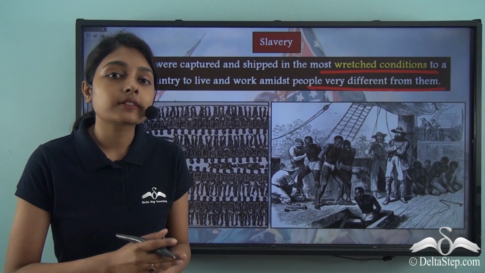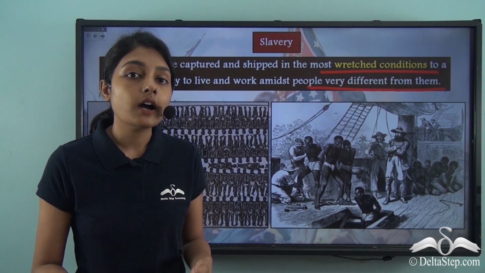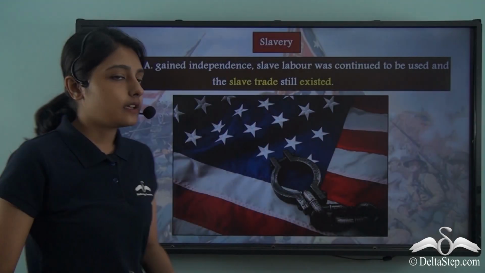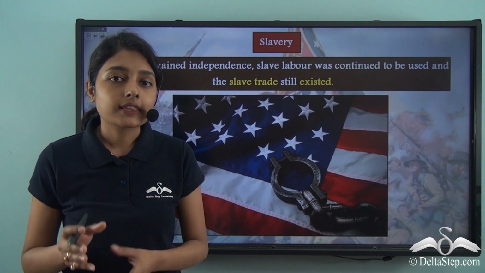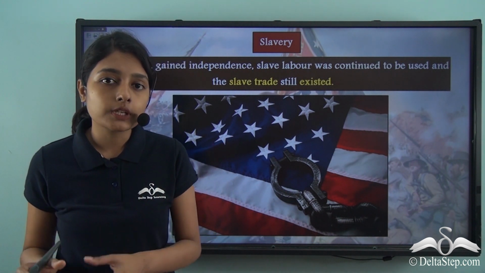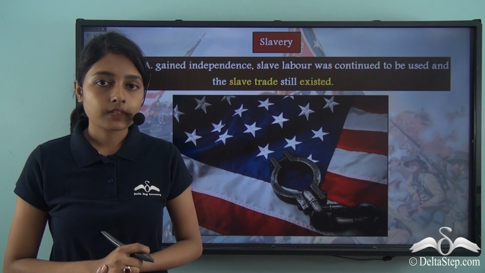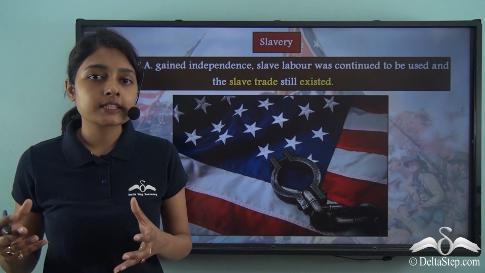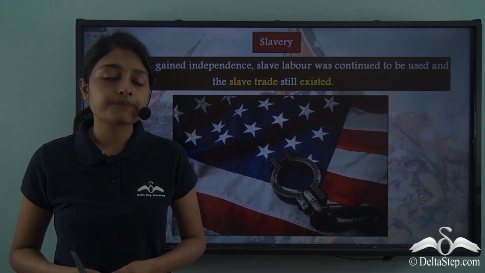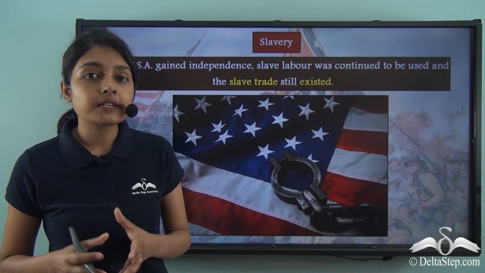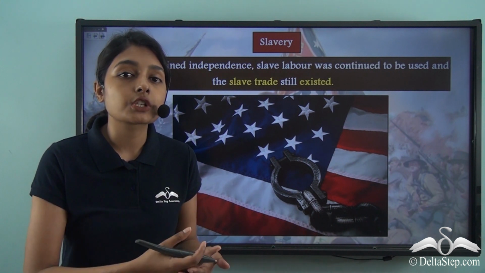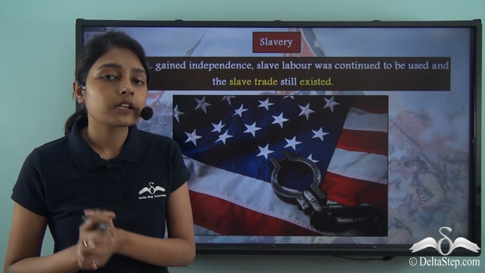Now let us try to understand what was happening in North America after the slaves reached those colonies. This is a scenario that was prevalent when Britain was ruling the North American colonies. Now, when USA took birth as an independent nation, it was founded on the ideals of freedom and liberty. The people of the independent United States of America thought that this was the highest expression of ideal freedom and liberty.